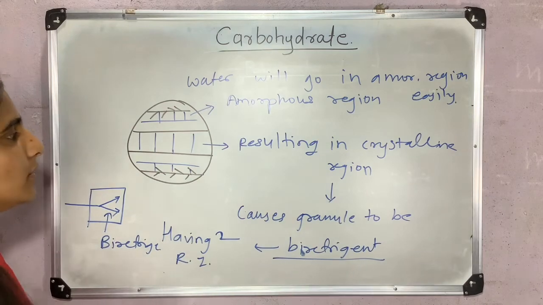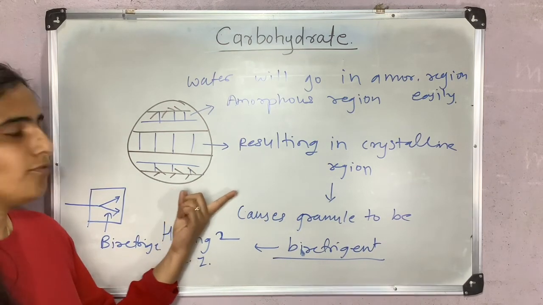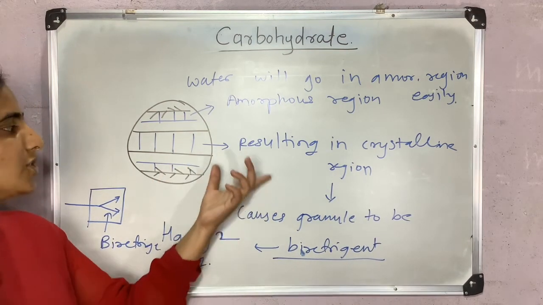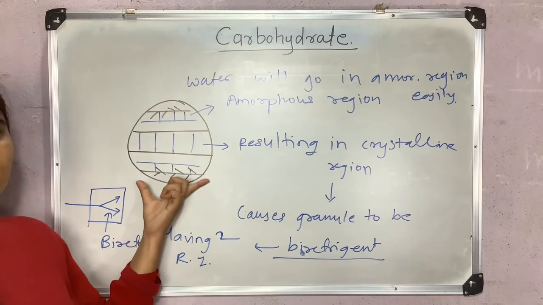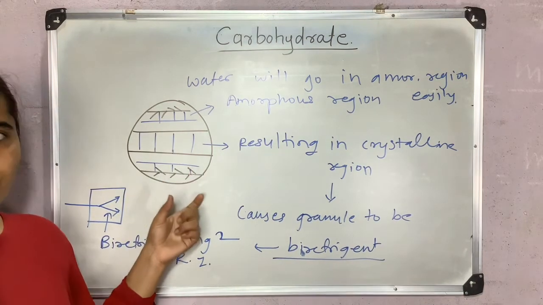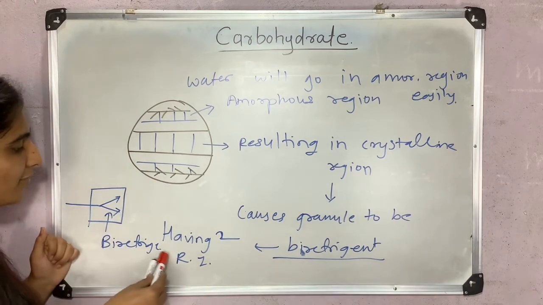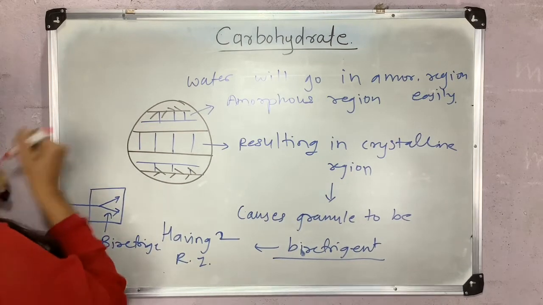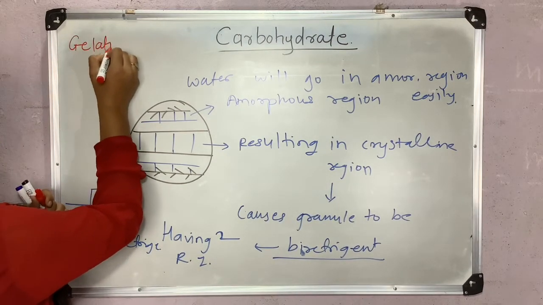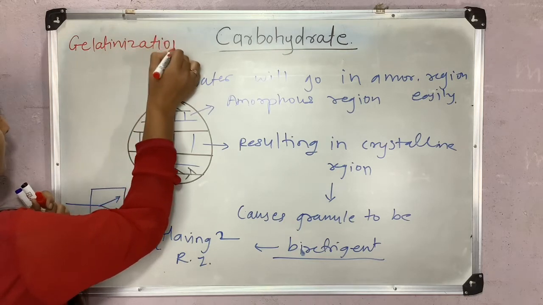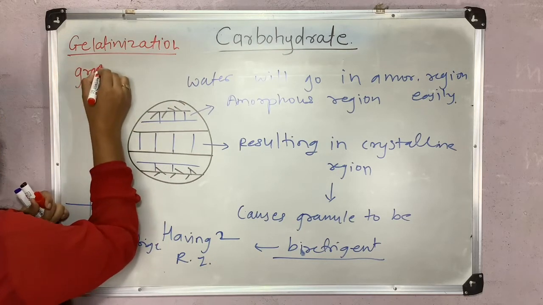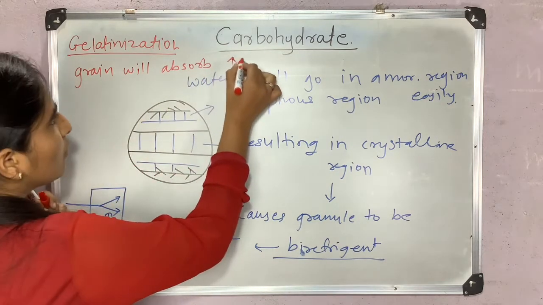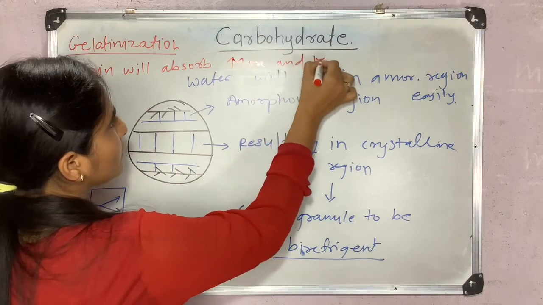And what is gelatinization temperature? When a mixture of starch and water is heated to the temperature at which the grain swells and loses birefringence. Losing birefringence means this property is lost at the gelatinization temperature. Here I will write gelatinization temperature. At gelatinization temperature, the grain will absorb more and more water.